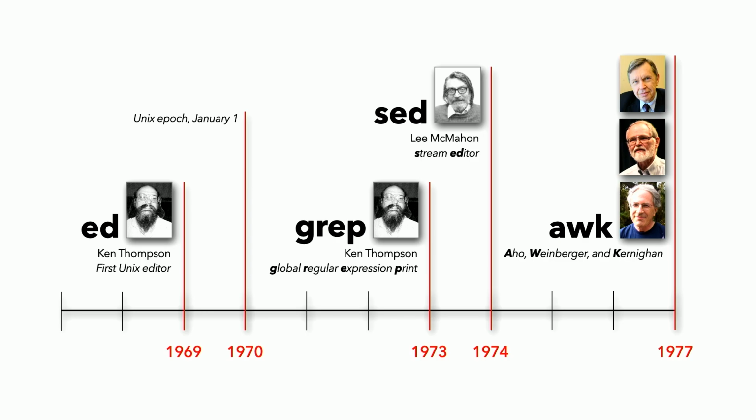Whereas grep was designed to be a more powerful search, and sed was designed to be a more powerful search and replace, awk was designed to be a text processor from the beginning. What it gets from ed is its ability to run not just one-liners, but a full programming language. And from grep and sed, it gets similar regex support, including much of the same syntax for matching regex patterns.